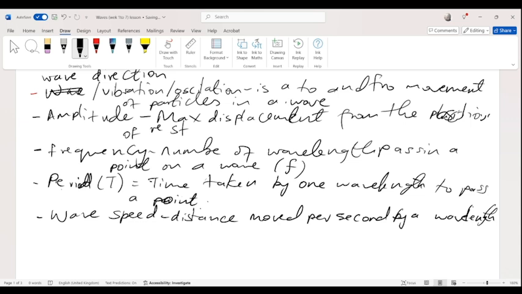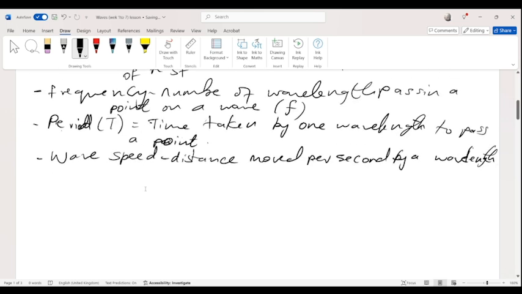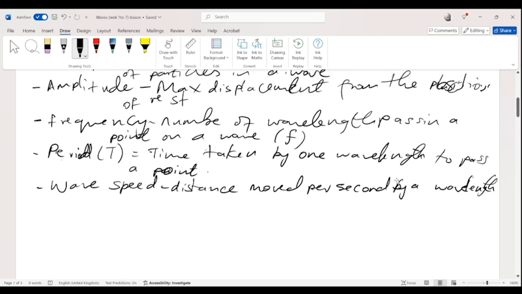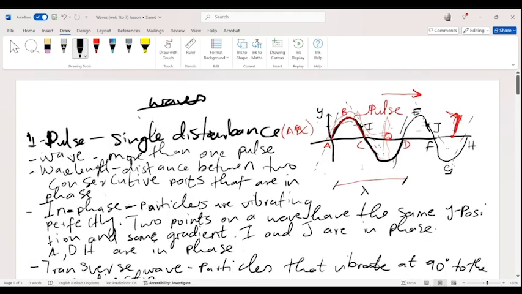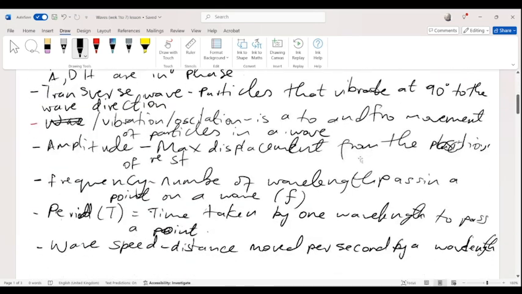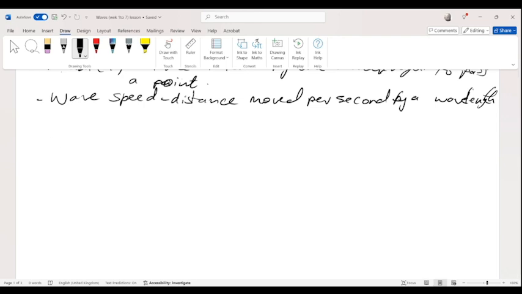Now, there's certain terms that we have to bear in mind also. I have talked about a pulse. A pulse is divided into two segments. It's a crest. Let me put a nice representation.